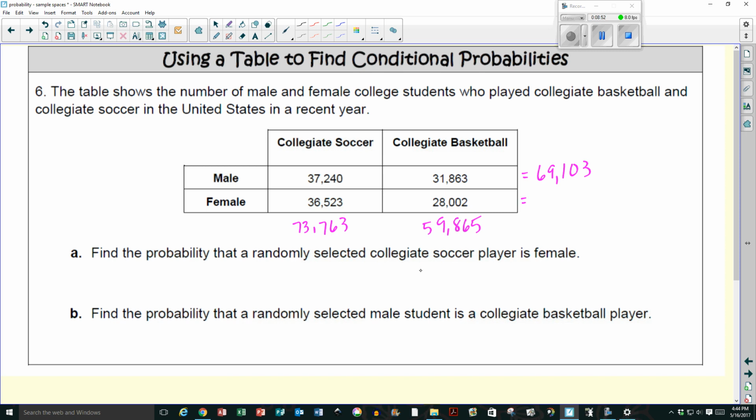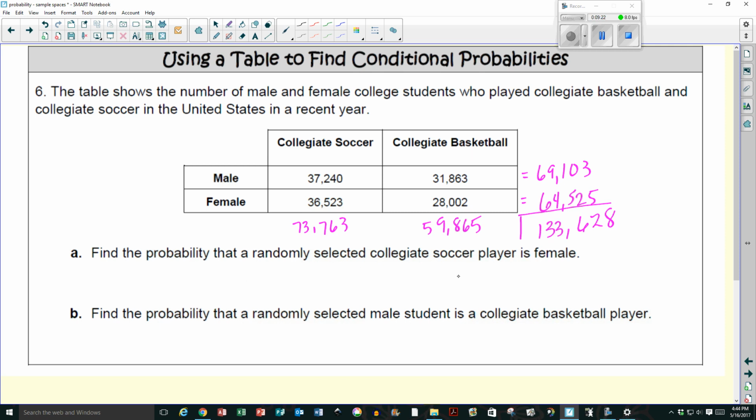And let's see, 36,523 plus 28,002. And then there are 64,525 female players. So all together, there are 133,628 players altogether.